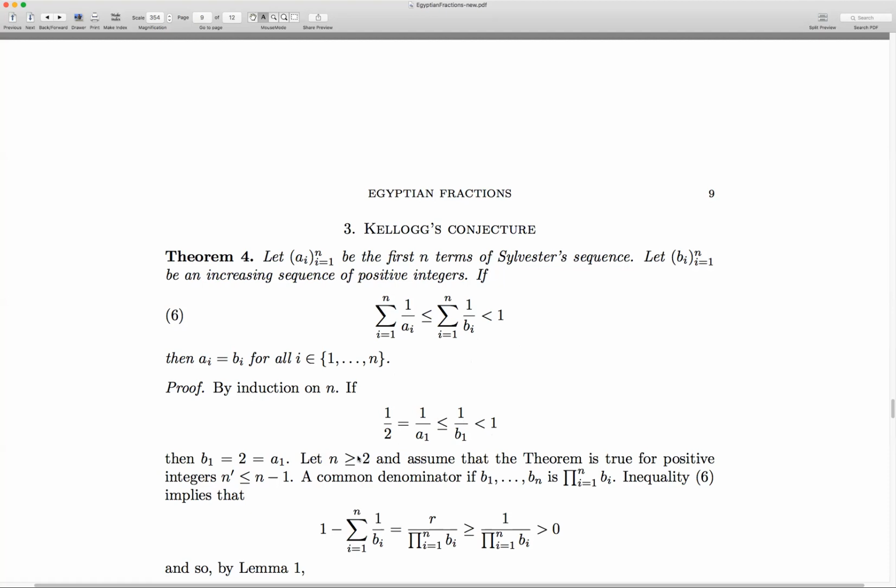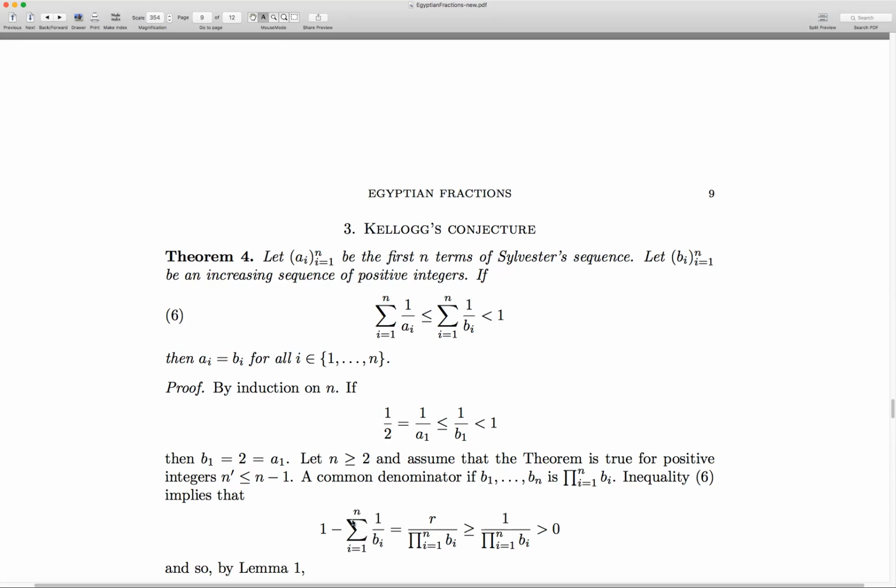Okay, so let n be at least 2, and let's assume that this theorem is true whenever you have strictly less than n Egyptian fractions. Now, 1 minus the sum of the b's, a common denominator, not the least common denominator, but a common denominator of these n integers is their product.